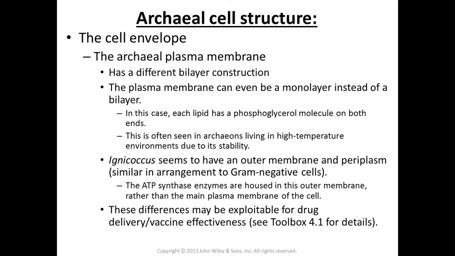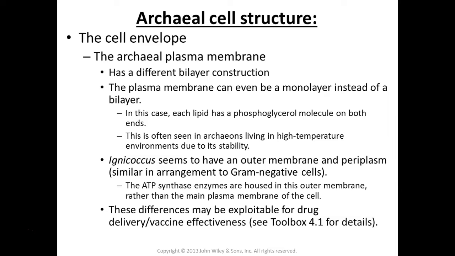And that gives them that stability at that high temperature. This interesting guy seems to have an outer membrane and a periplasm space similar to the arrangement of gram-negative, and again, usually we use that term for bacteria, right?